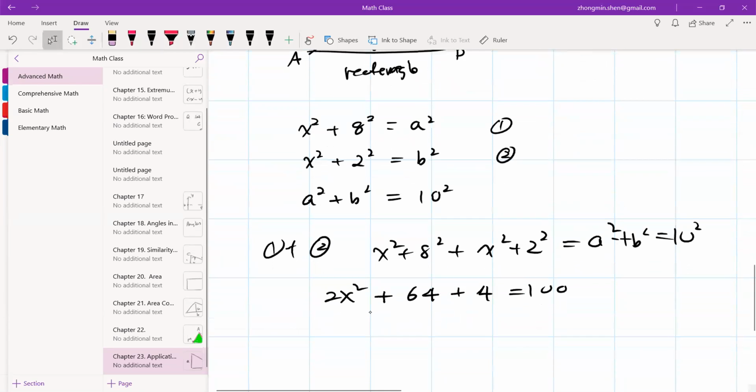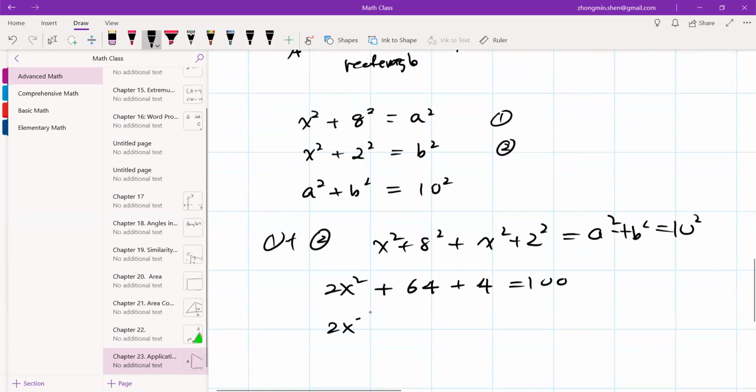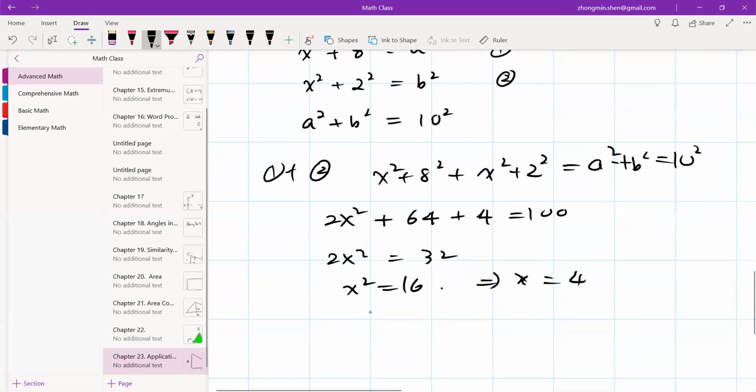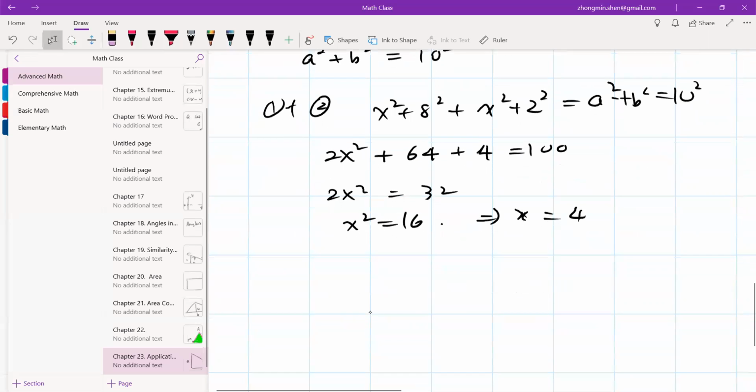Okay? And then 2x squared equals 32. So x squared equals 16 and x equals 4. Great. So that's a good way to solve the problem.